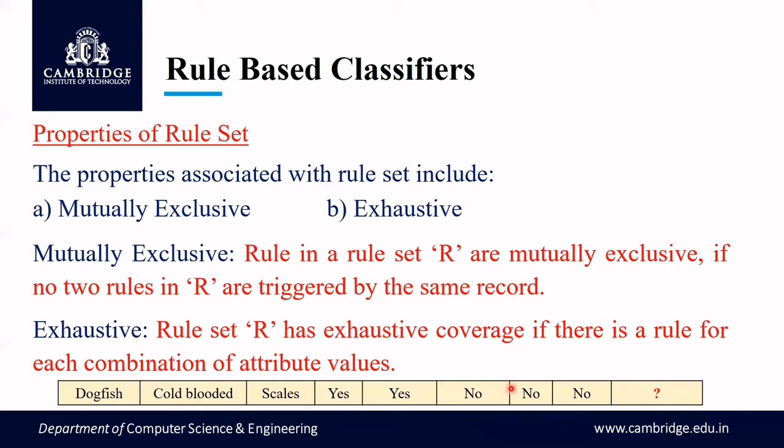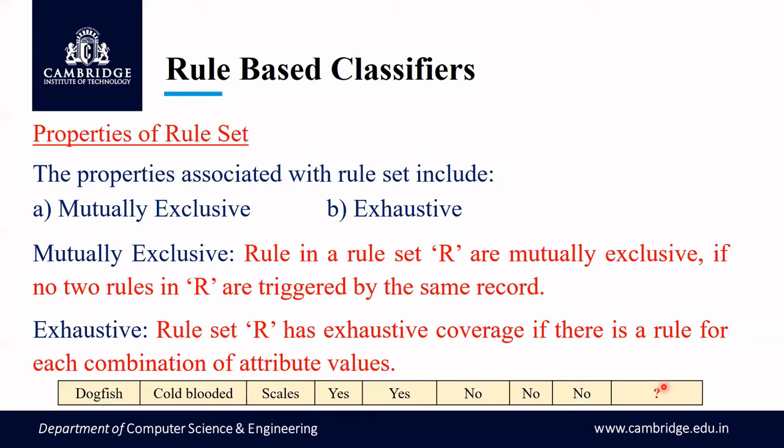Here, for this particular record, we didn't have any rule which could cover it. That means the rule set we considered in the previous case, which had some 5 or 6 rules, is not mutually exclusive and is not exhaustive either. So we have to derive the rules in such a way that they are mutually exclusive and also exhaustive.